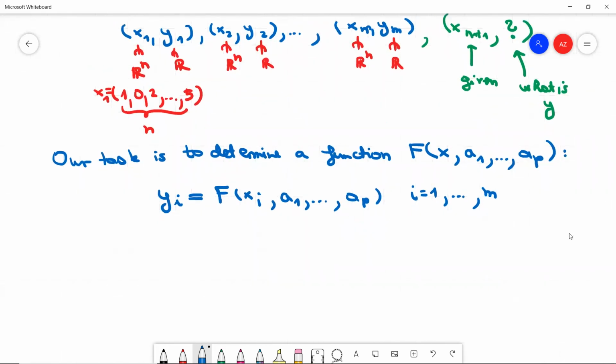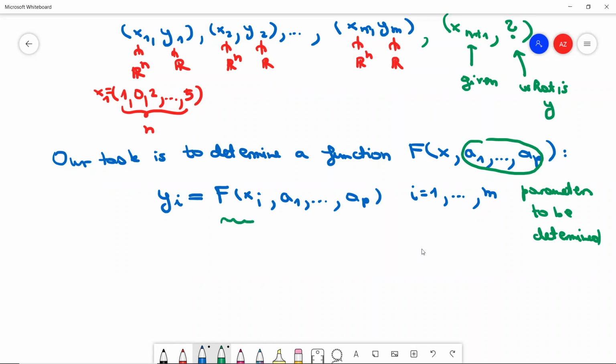Those are the parameters to be determined, in such a way that the value of this function at each xi is precisely this yi.